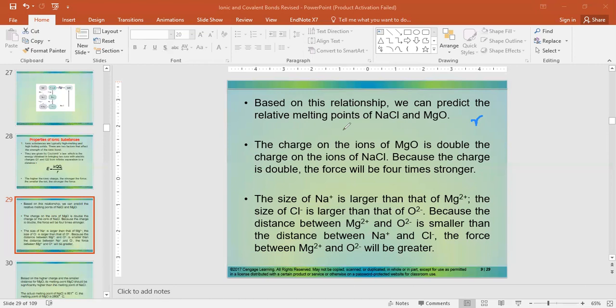Remember here, we are only talking about Qs, Q1 and Q2. Here we are now talking about R, and the R is going to be affected by the size of the ion. Now look, last time you told me that the periodicity of the ions was not discussed, but I'm going to mention it here very slowly.